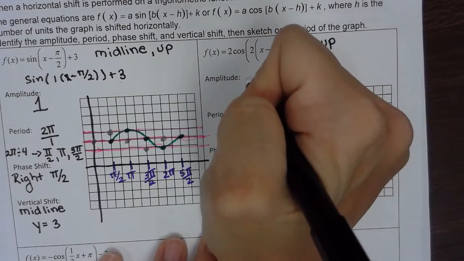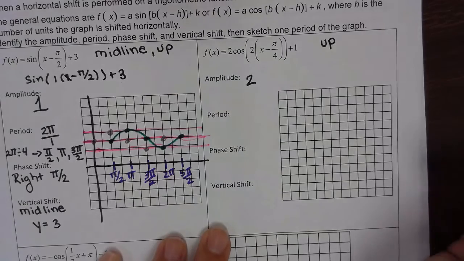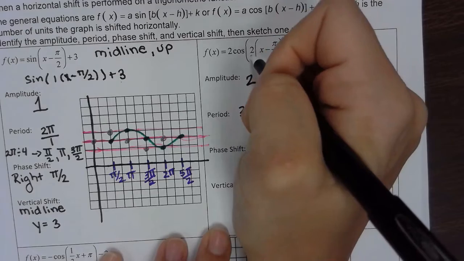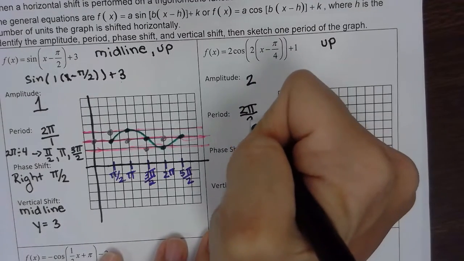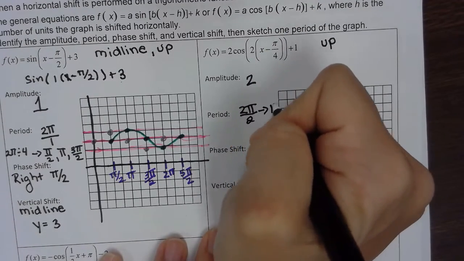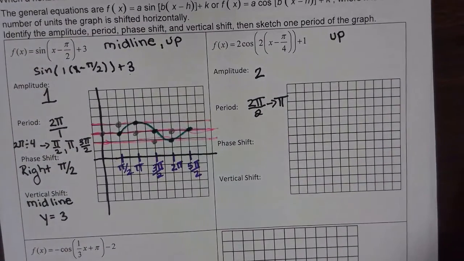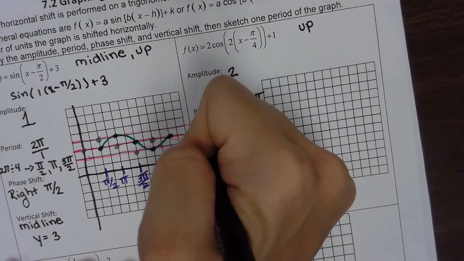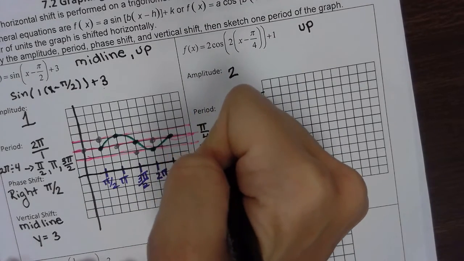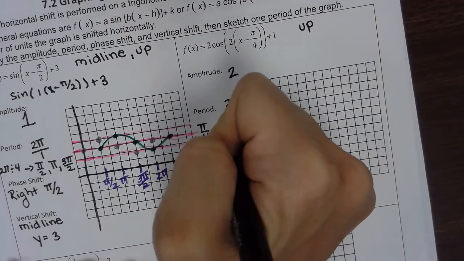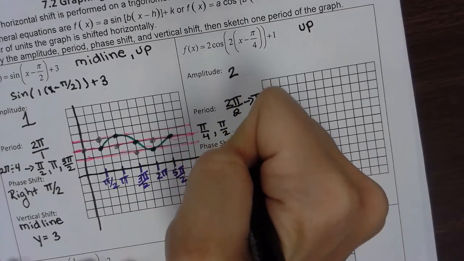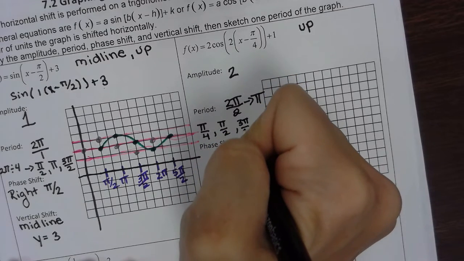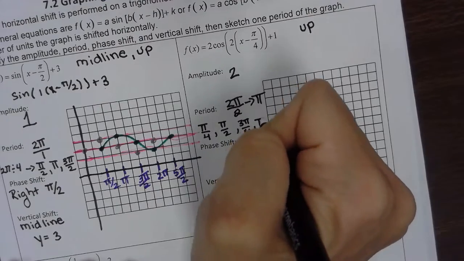We don't have to rearrange it at all. Amplitude is what's out front, so we have 2. The period is 2 pi over b, which in this case is 2, leaving our whole period of pi. So if we were to break that down and divide that by 4, we are going by pi over 4, which gives us pi over 2, 3 pi over 4, and pi.